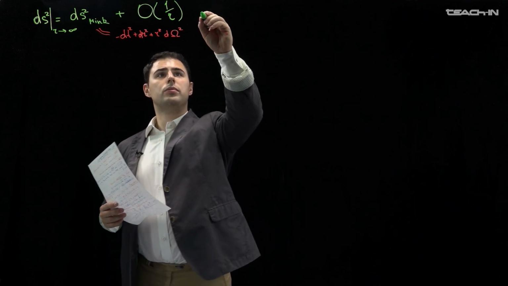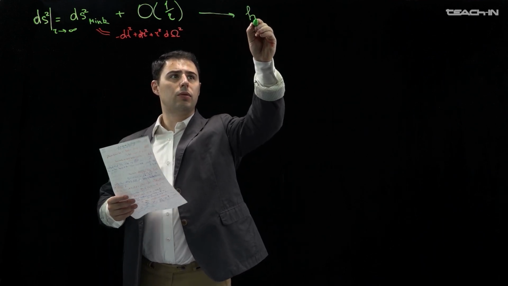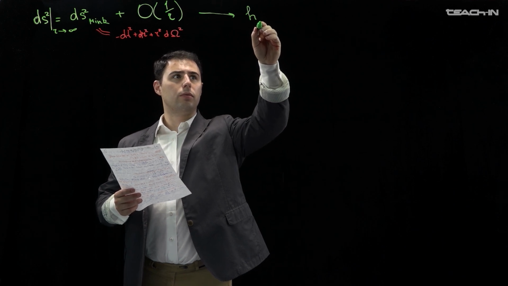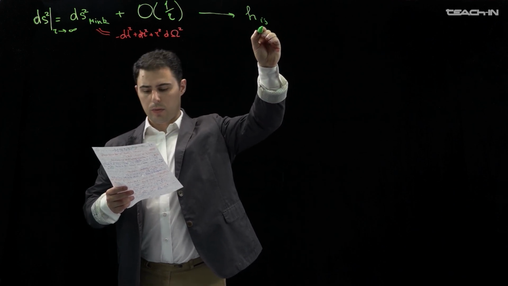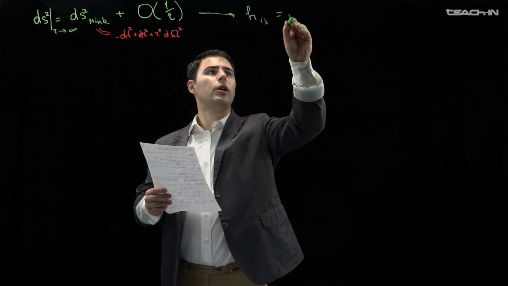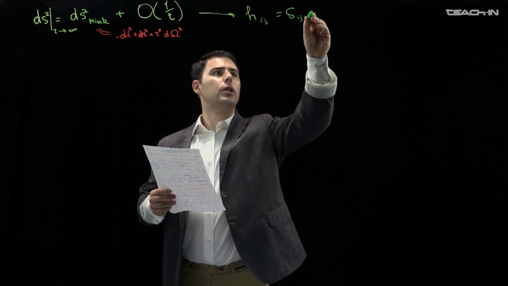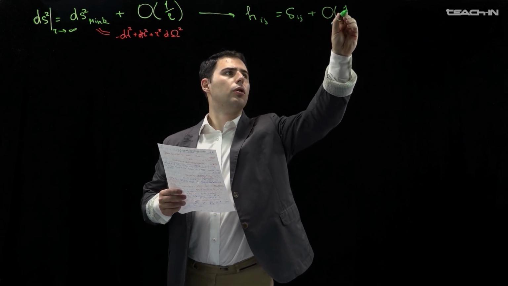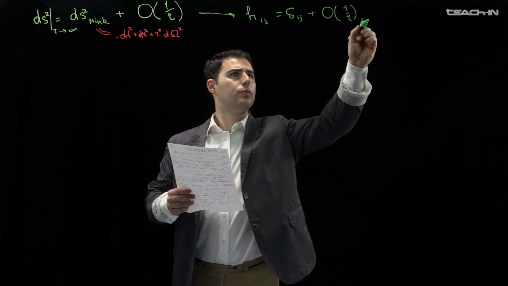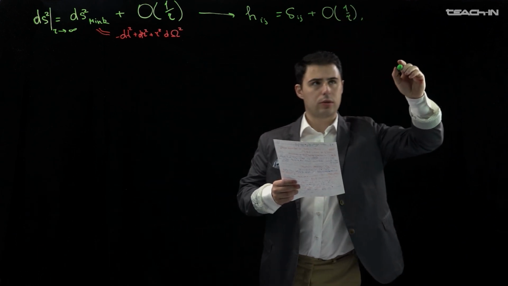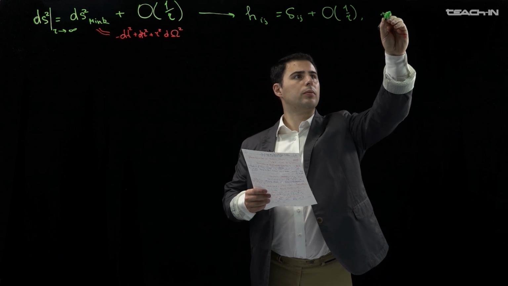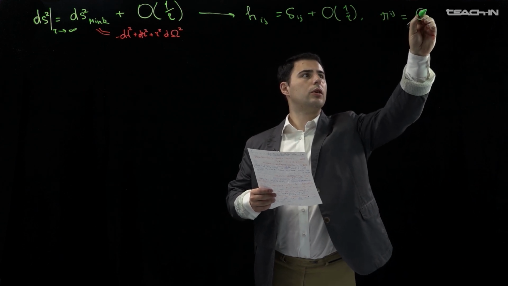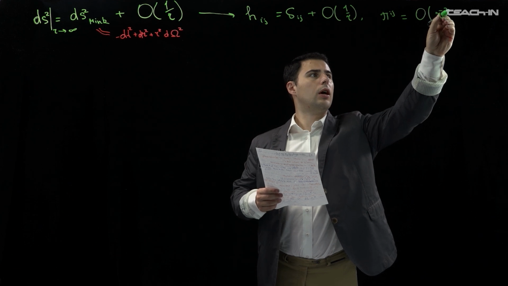So this gives us the following fall-off rates. We see that h_ij is delta_ij plus O(1/r). Its conjugate momenta, P^ij, is O(r^-2).